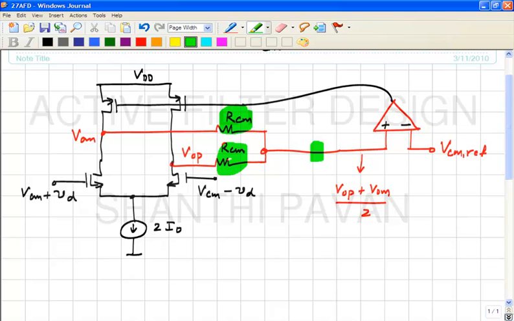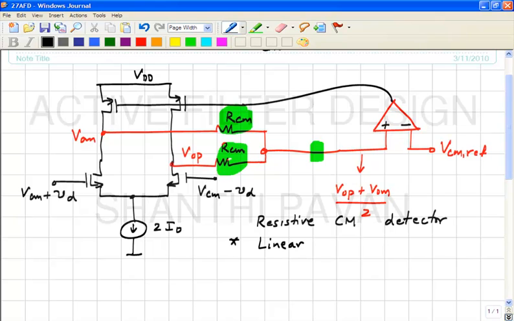So let me put down these observations. If you have a resistive common mode detector, it is very linear, in the sense that the job of the common mode detector is to faithfully reproduce the common mode voltage only.